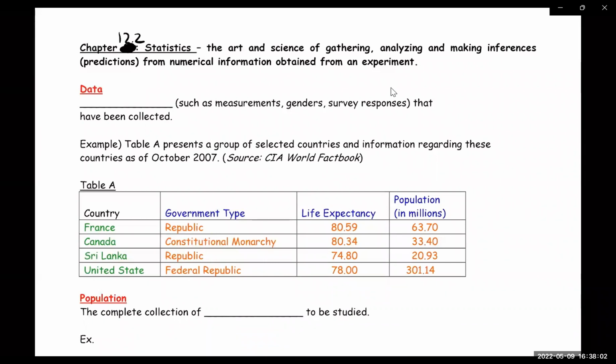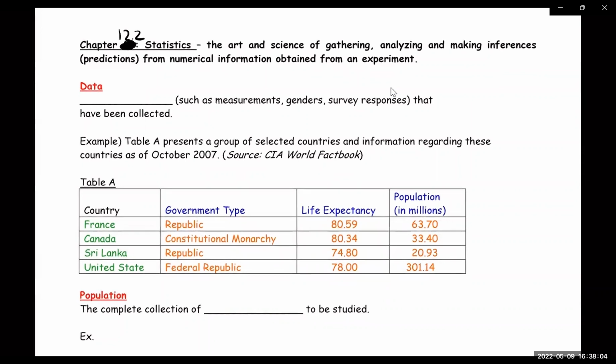Okay, section 12.2. Data blank such as measurements. That's weird the way they do that. Let's see, what do they want us to write there?